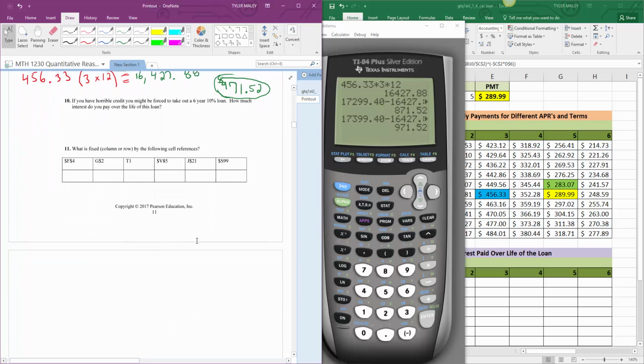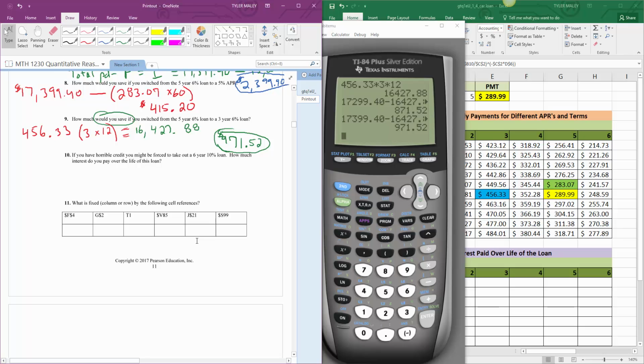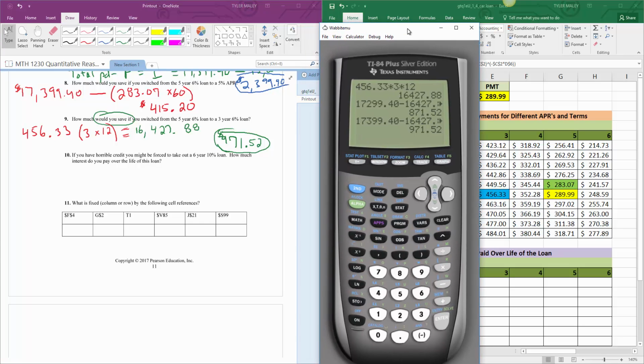Then number 10 says, if you have horrible credit, you might be forced to take out a 6-year 10% loan. How much interest do you pay over the life of this loan? And that's true, if you have bad credit, typically you don't get as good of a loan. You end up having to pay more.